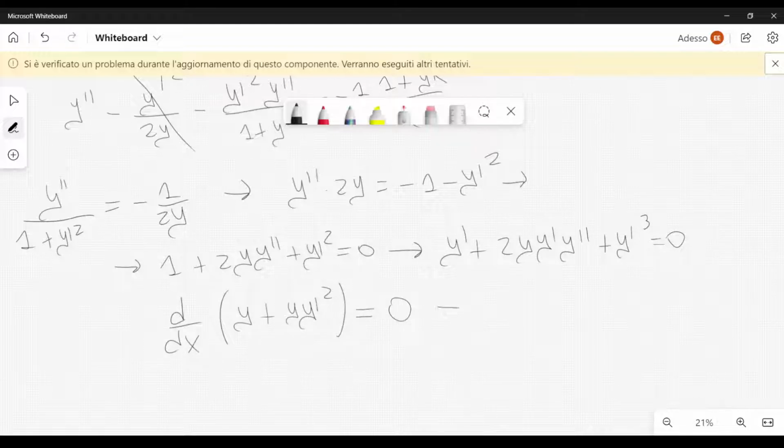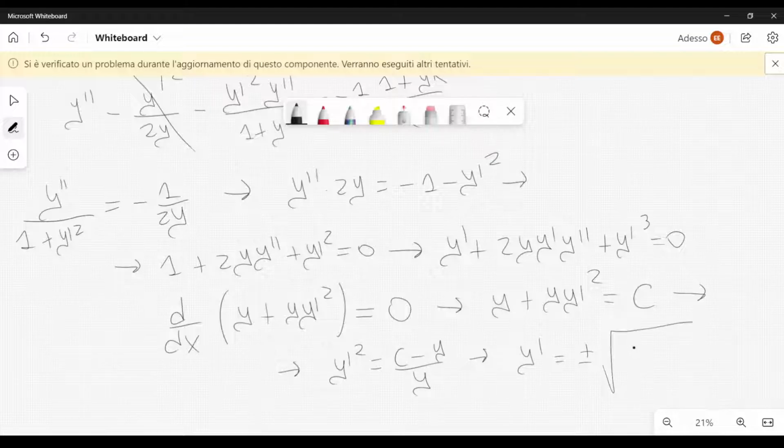And this is equal to 0, which means that y times 1 plus y prime squared is equal to a constant. And this constant will be greater than 0. From here, you get y prime squared equal to c minus y over y. Basically, you get y prime equal to plus or minus the square root of c minus y over y.